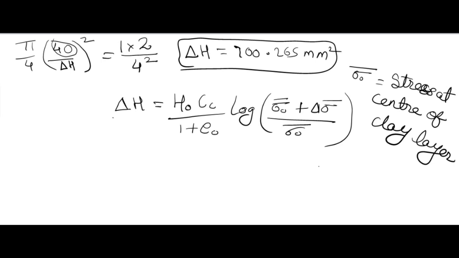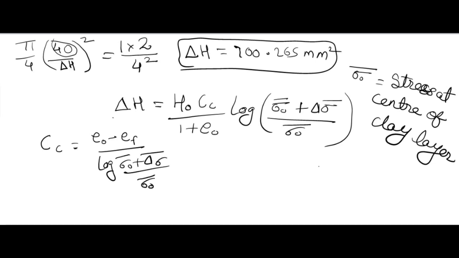From here, the compression index Cc can be written as e0 minus ef by log of sigma 0 bar plus delta sigma bar by sigma 0 bar, using the change in void ratio.